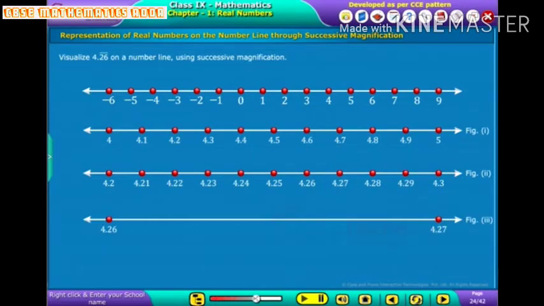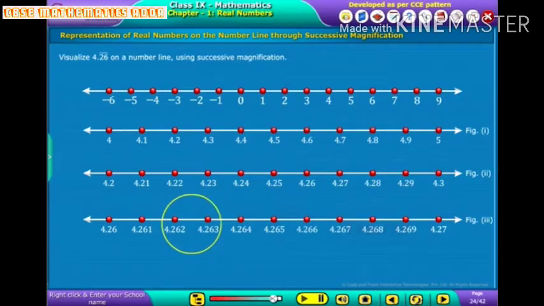So, let us now divide this portion into 10 equal parts and represent them as 4.26, 4.261, so on up to 4.27 as shown in figure 3. As before, now we can visualize through the magnifying glass that 4.2626 lies in between 4.262 and 4.263.